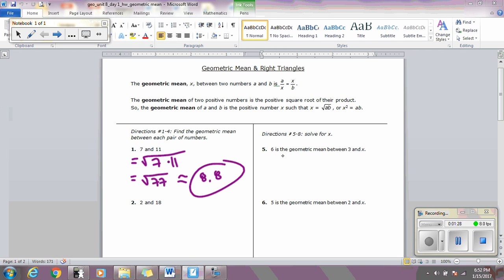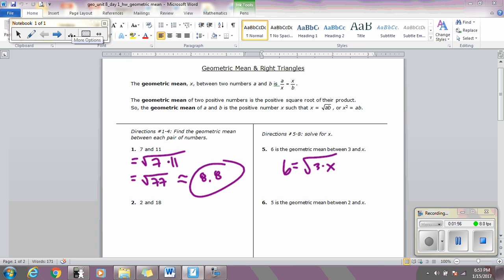Let's look at number 5. 6 is the geometric mean between 3 and x. So in other words, 6 is equal to the square root of 3 times x.